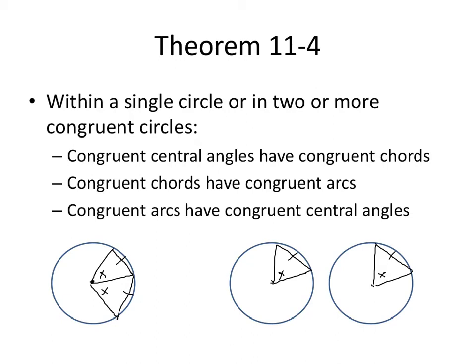So it's kind of almost a transitive property thing with a converse built into that. So we have the congruent central angles create the congruent chords create the congruent arcs, and congruent arcs have congruent central angles. Okay, so it's kind of that whole circular thing going on here with that.